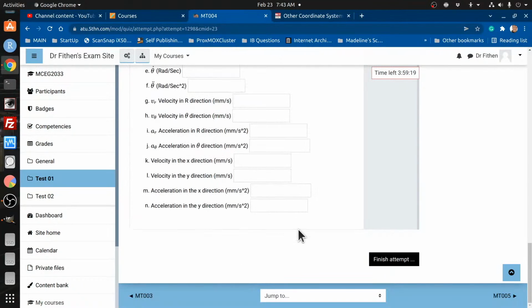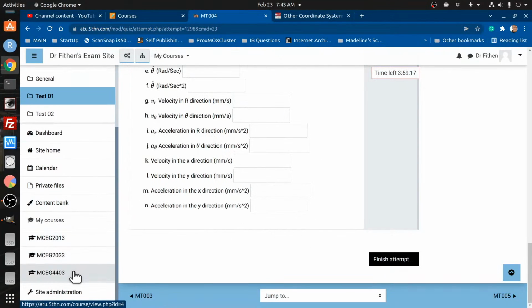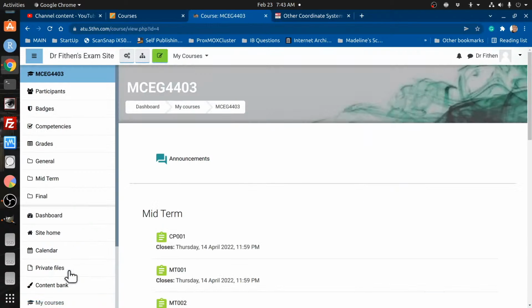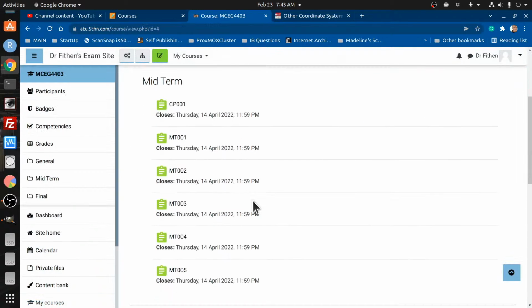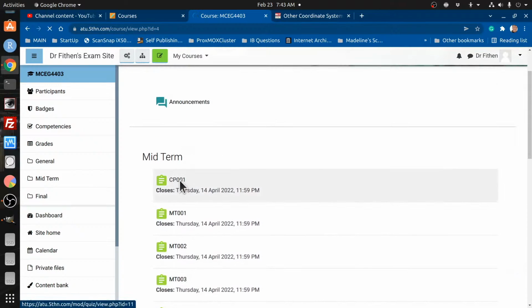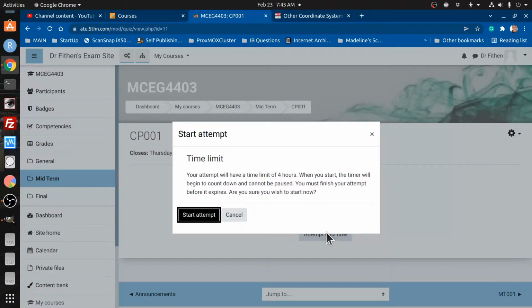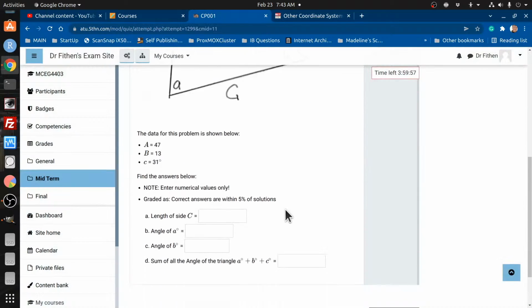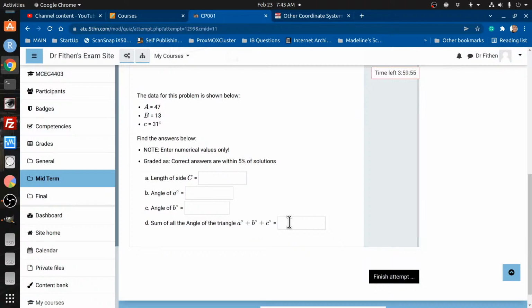Okay, so let's head off into fluids. So again, everything is available. Here's the common problem again. While I'm doing this, I'm going to look at something, okay? It says everything's within 5% of the solutions. Well, we know this is 180 degrees. Okay, 10% of 180 is 18.